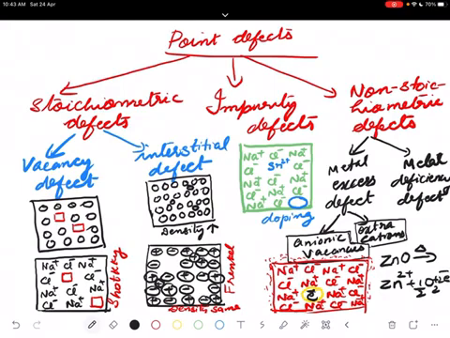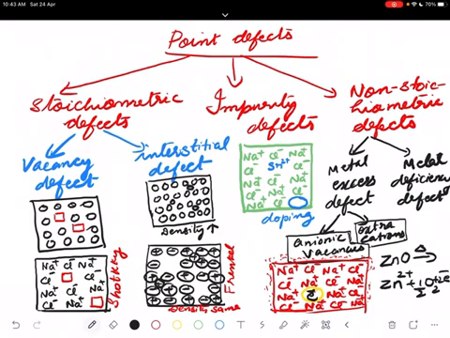Oxygen is liberated, which means there are gaps. To these gaps Zn2 plus will be shifted. Due to its very small size, Zn2 plus can shift to the interstices.